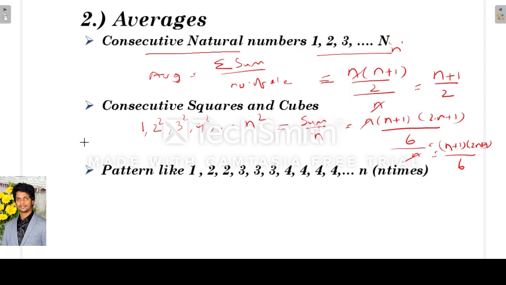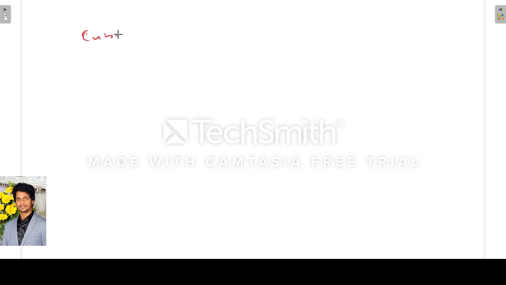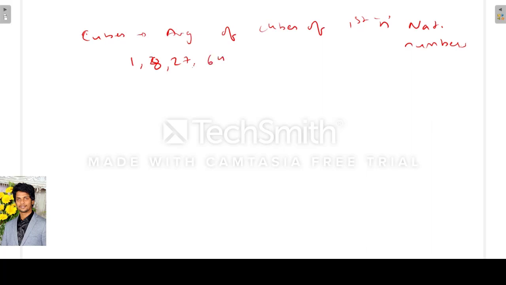Similarly, cubes. The average of cubes of first n natural numbers. It will be like this: 1, 2 cubed which is 8, 3 cubed which is 27, 4 cubed which is 64, till n cubed. For this again the average is sum by n, as there will be n elements.